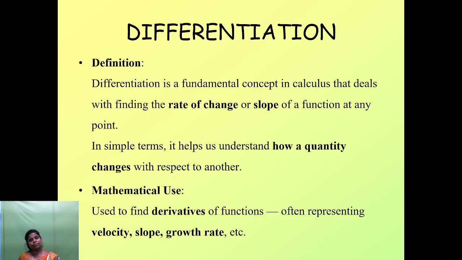Differentiation is the rate of change or slope of a function. In simple terms, we say how a quantity changes with respect to another. In mathematics, it uses derivatives of a function, often representing velocity, slope, growth and rate.